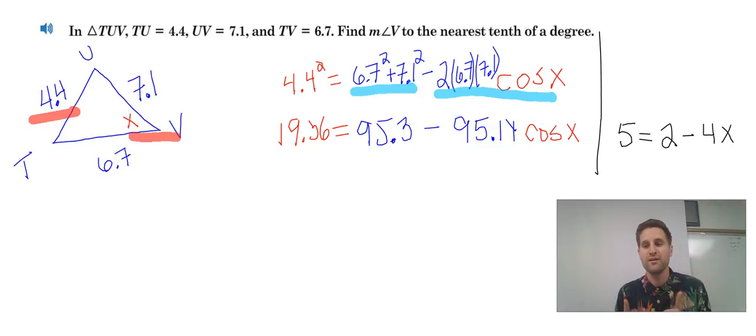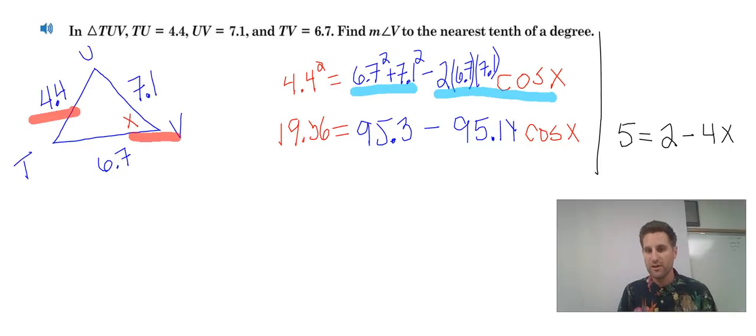So here's the deal. Students will always want to subtract these two blue numbers, but that's impossible. You can't do that, just like you can't do 2 minus 4. It doesn't work. That's because 4x and 2 are not like terms, just like 95.3 and 95.14 cos x are not like numbers.